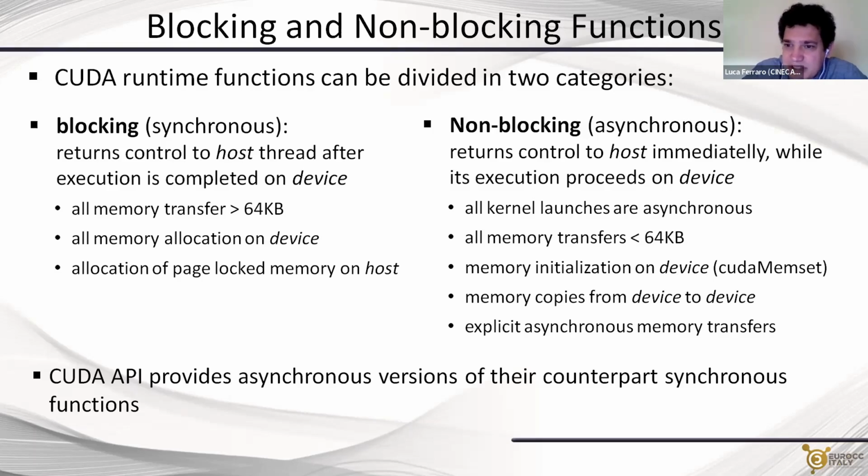Memory initialization on the device with the CUDA memset operation is asynchronous. And memory copies from a buffer on the device to another buffer on the same device are also asynchronous from the point of view of the host code. In general, we also have asynchronous counterparts of blocking synchronous API operations in CUDA.